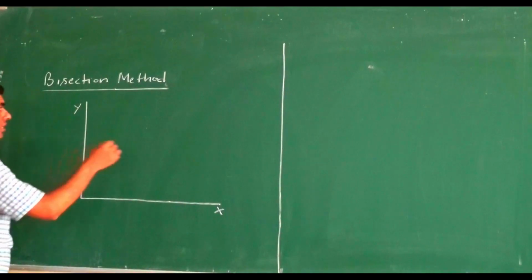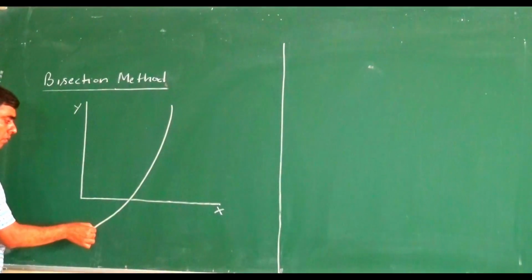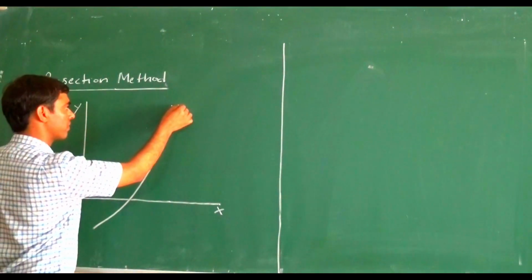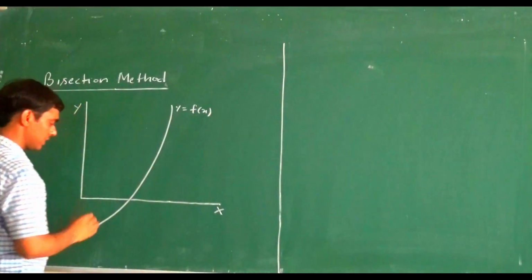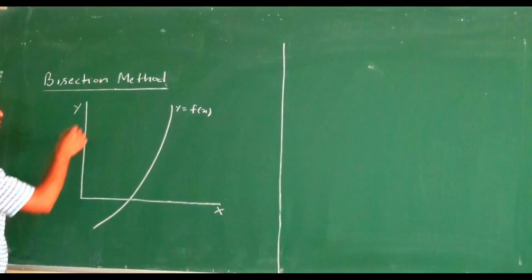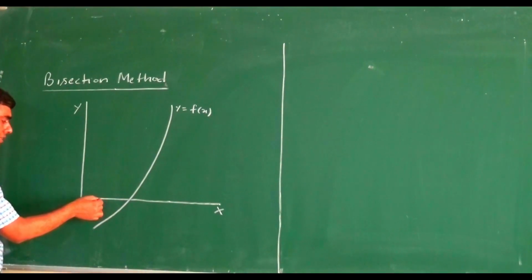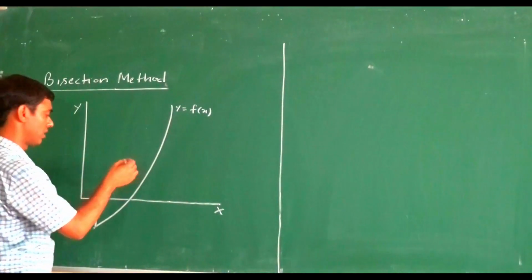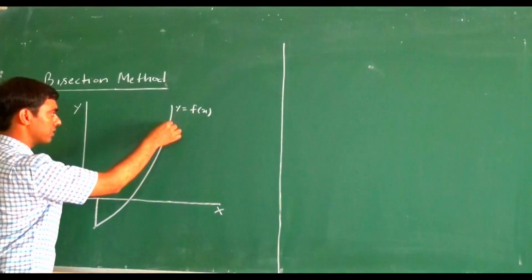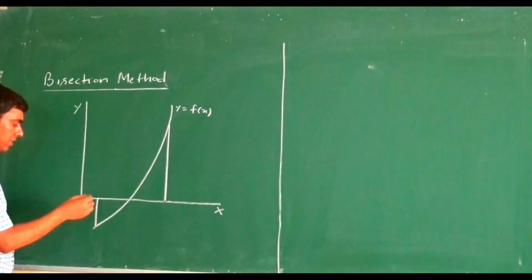Suppose there is a function y = f(x), and as we know this is a bracketing method. So first of all we find a bracket, meaning one point where the value of the function is positive and another point where the value of the function is negative.